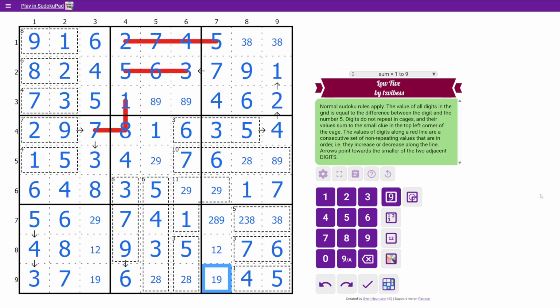It's gonna look like that. 2, 9. The 3 definitely goes.